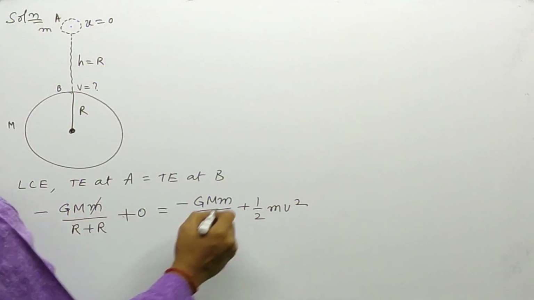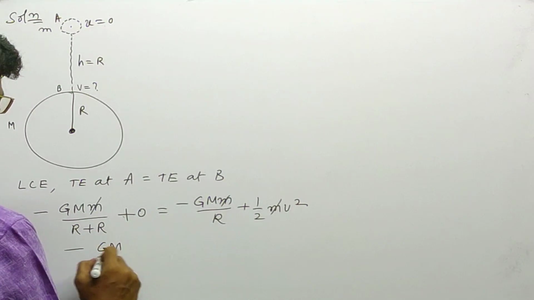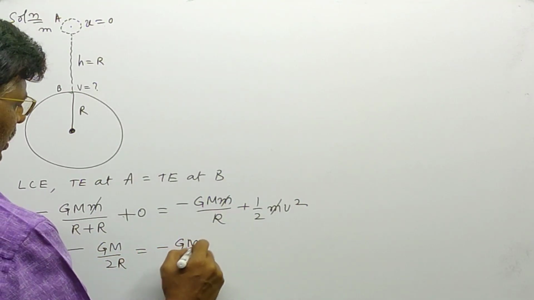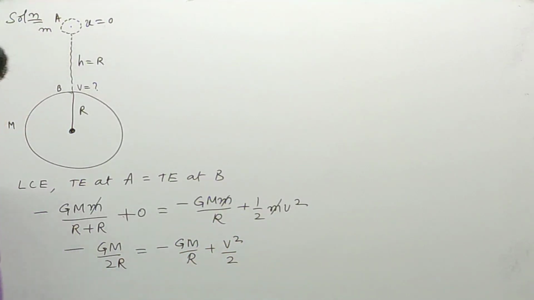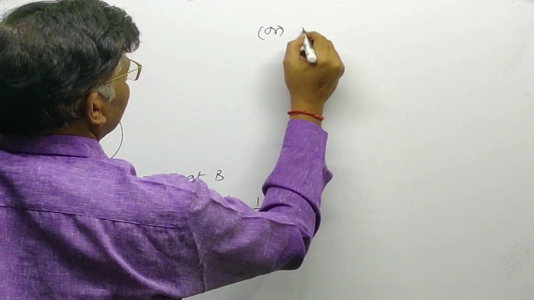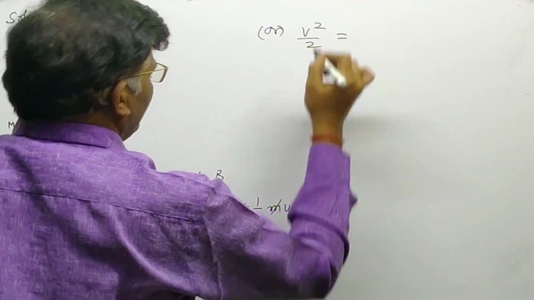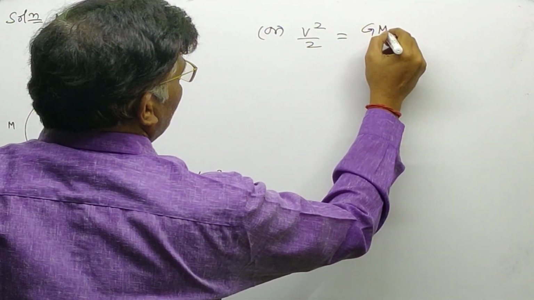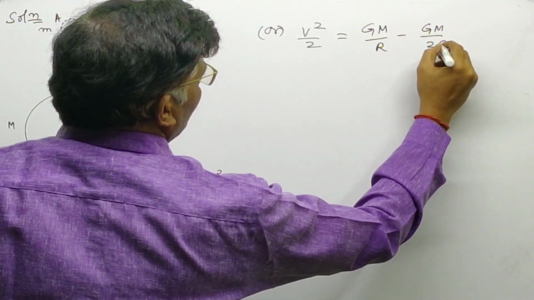So in all the terms, small m cancels, and minus GM divided by 2R is equal to minus GM by R plus v squared by 2, or v squared by 2 is equal to GM by R minus GM by 2R.